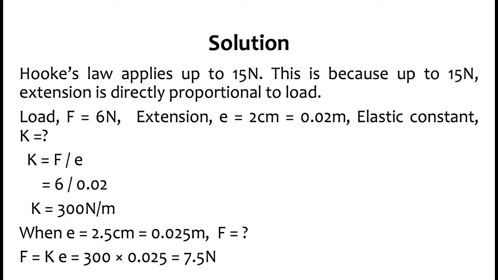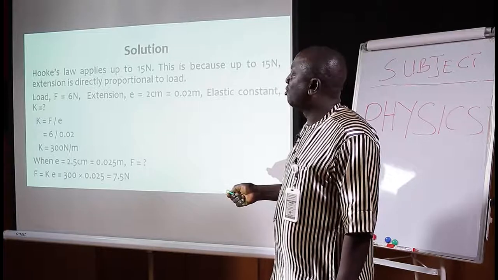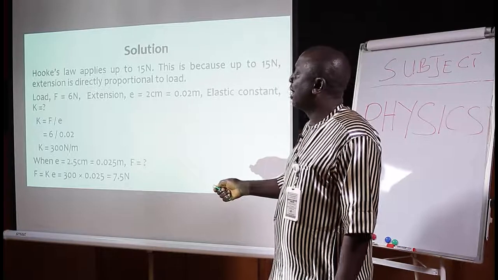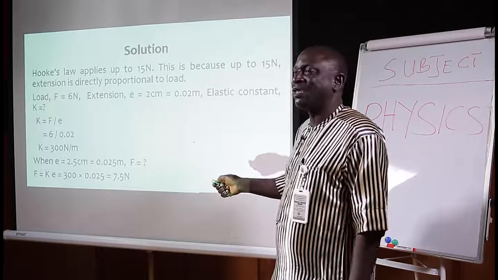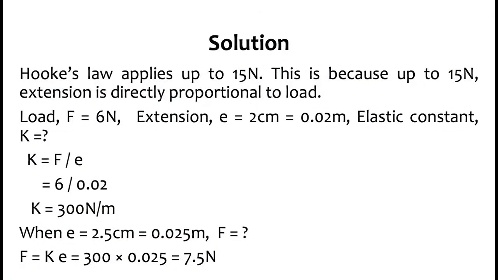Now the second part. From the table, I'm taking my load F to be equal to 6 Newton. Its corresponding extension is 2 centimeter. And if we convert 2 centimeter to meter by dividing by 100, it will give us 0.02 meter. Elastic constant K is unknown. Therefore, from equation 2, we know that K is equal to capital F over small e, that means force over extension.